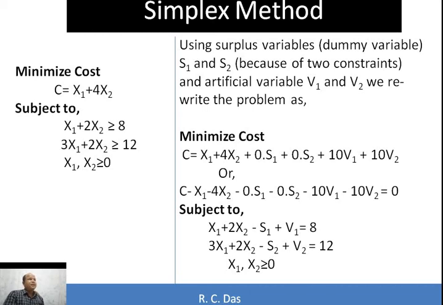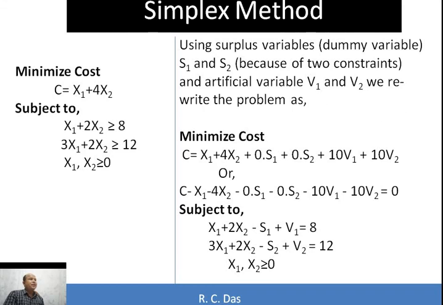That is why we are not able to get an initial basic feasible solution in a minimization problem. And so we have to add artificial variables, and that is why we are adding v1 and v2.